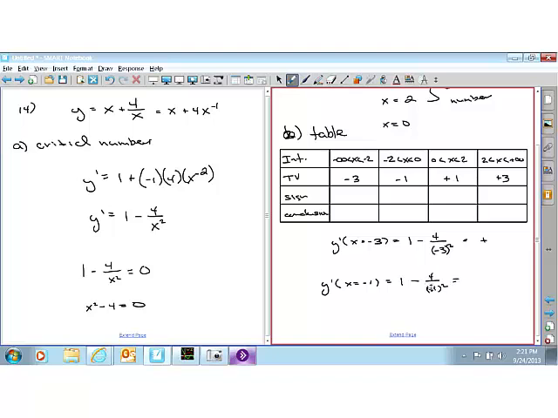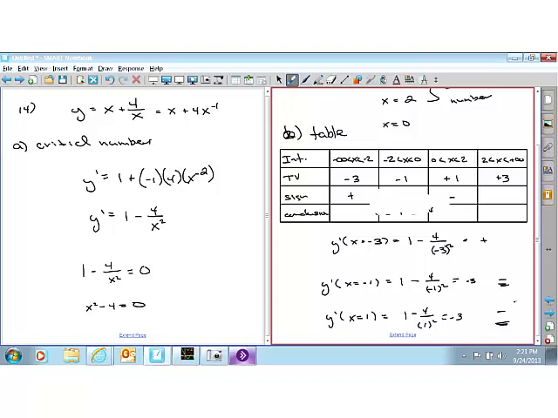So that's 1 minus 4, so it's negative 3. The important thing is it's negative. So we found this was positive, this was negative. Let's see what y prime at x equals 1 is. We get 1 minus 4 over 1 squared, which is still negative 3, so it's negative.